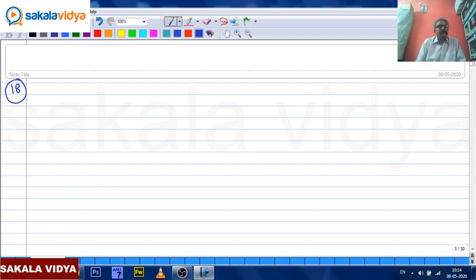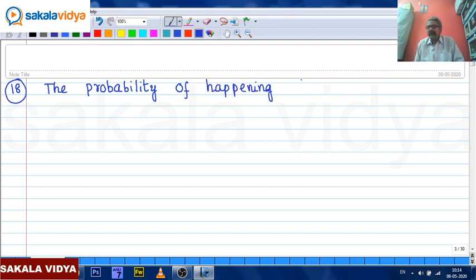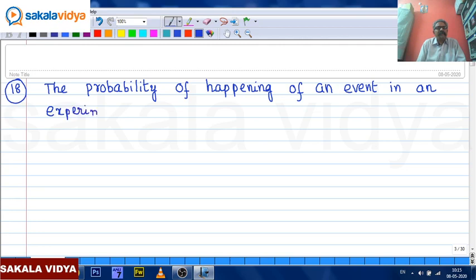Eighteenth question. The probability of happening of an event in an experiment is 0.4.